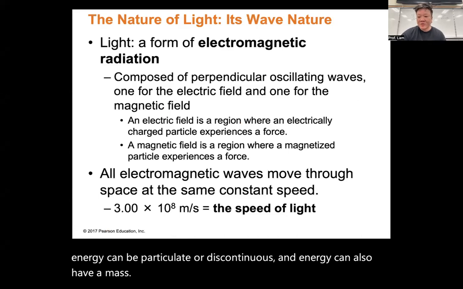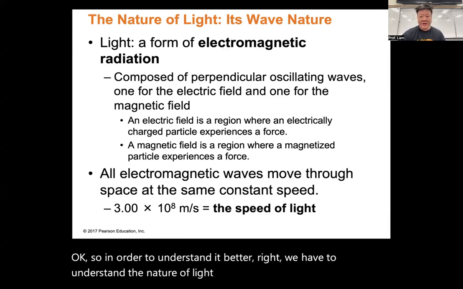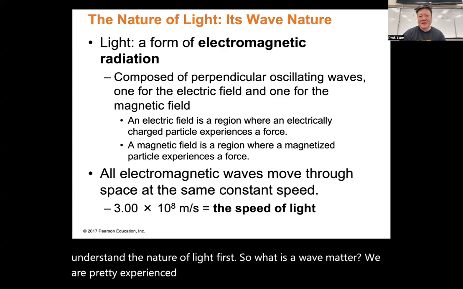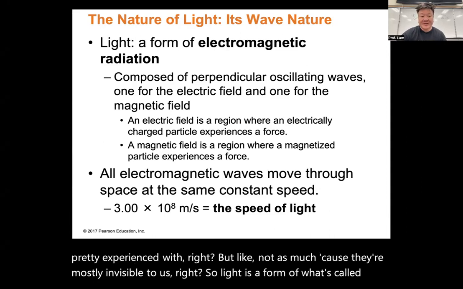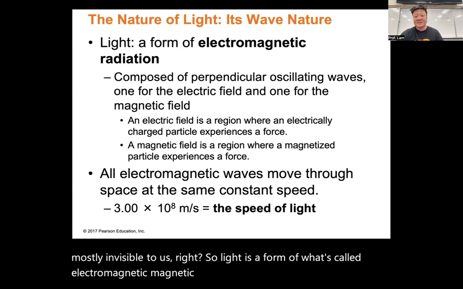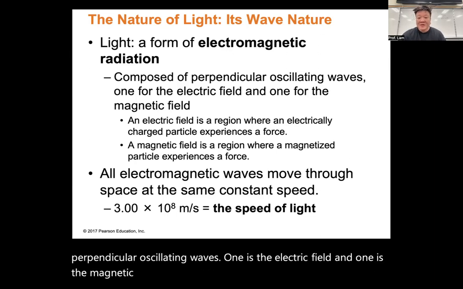Okay, so in order to understand it better, right, we have to understand the nature of light first. So what is a wave? Matter we are pretty experienced with, right? But light, not as much because it's mostly invisible to us, right? So light is a form of what's called electromagnetic radiation, and it's comprised of perpendicular oscillating waves. One is the electric field, and one is the magnetic field.